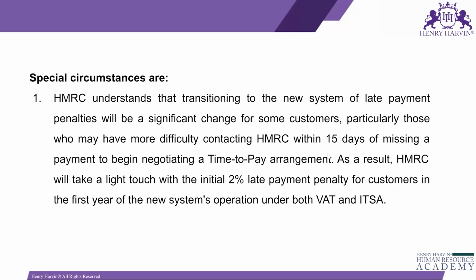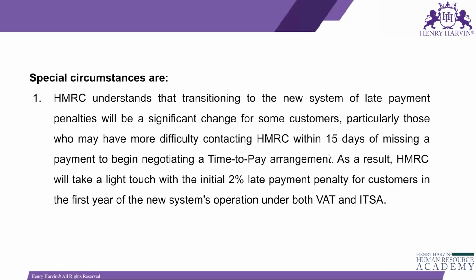Okay, particularly those who may have more difficulty contacting HMRC. It could be possible that they were reaching out to HMRC for a TTP arrangement or for any reason to explain, but there was a delay from the HMRC side, due to which the new rates are applied now. Understand? So they may disagree. Okay, so there could be a negotiation on the payment.